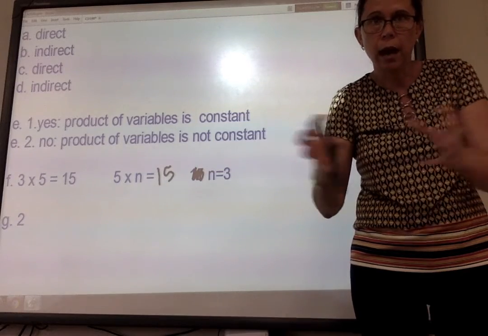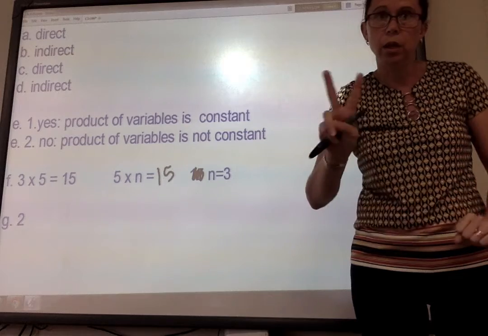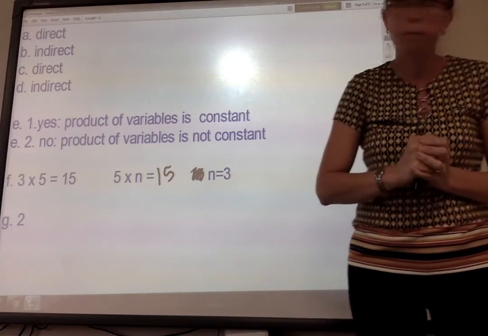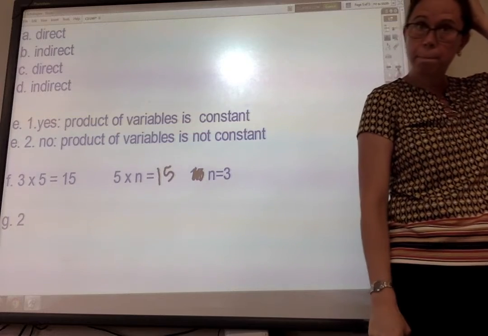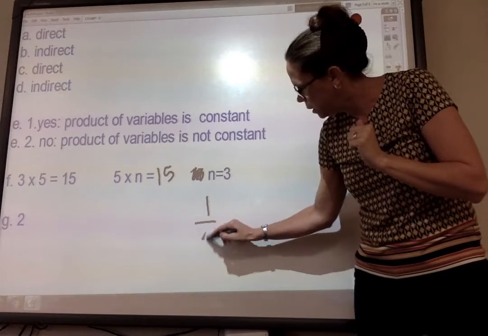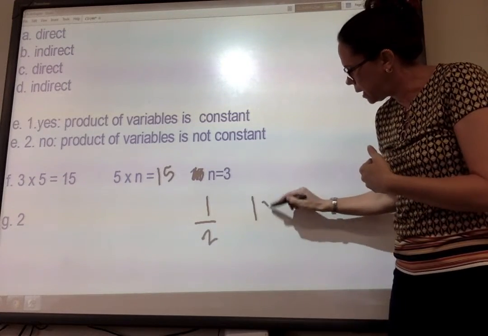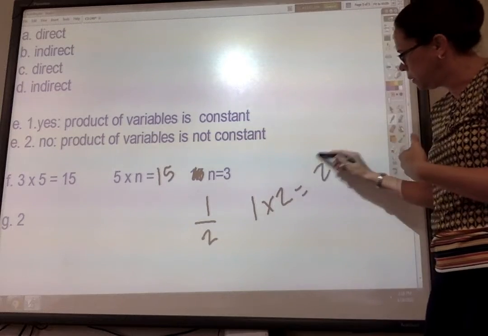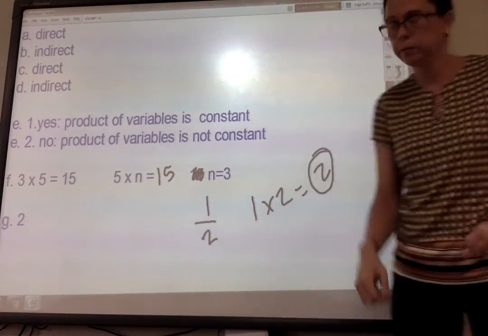I've reduced it to half, so the pressure is the inverse of half, which is 2. So the answer to G is 2. Think about that: half is our x and our y. Instead of using it as a quotient, we want to use it as a product. The constant is 2.